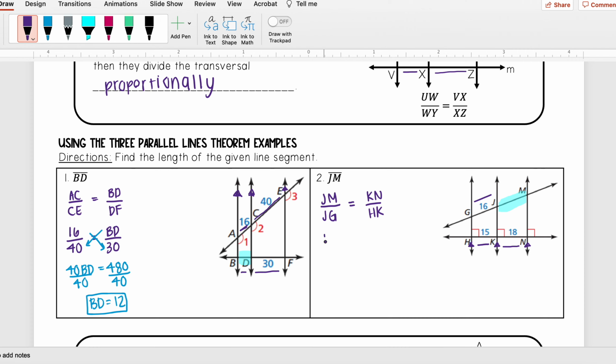I don't know the side length of JM. JG has length 16. That's going to be equal to KN, which is 18, over HK, which is 15.